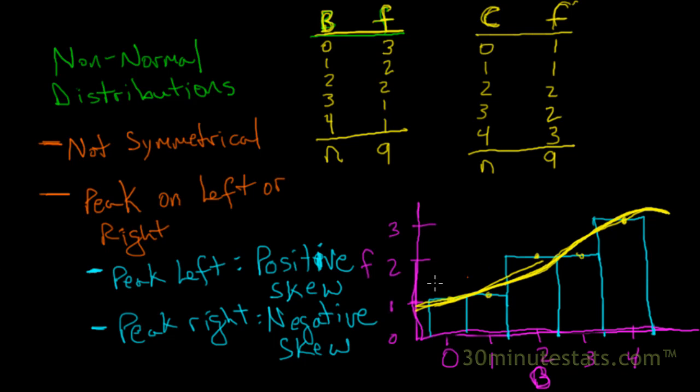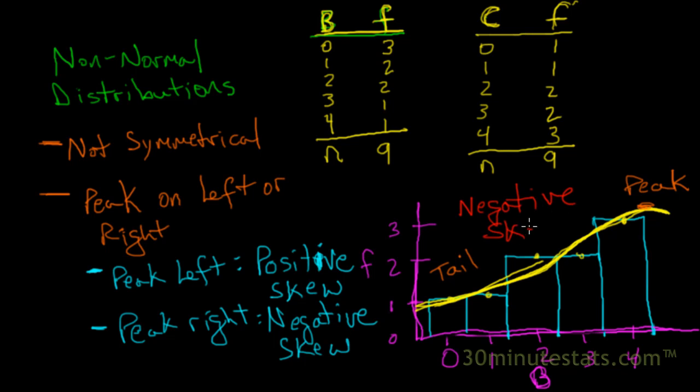You'll see that we have a tail on the left hand side where there are fewer observations, and a peak on the right hand side. Because we've got that peak on the right hand side, this is an example of a distribution that has negative skew.